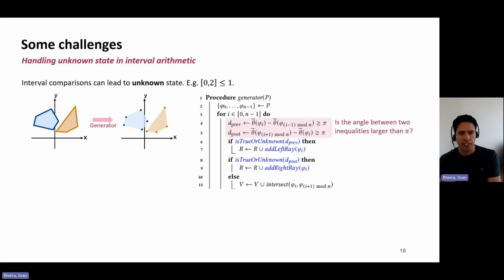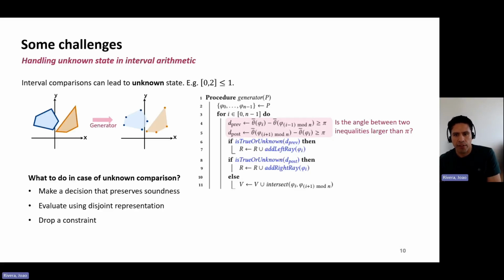When we calculate the generator representation that I mentioned earlier, there is one place in the algorithms where we compare the angles of two inequalities and check if the difference between them is larger than pi. If it is, then we decide whether to add a vertex or a ray to the generator representation. If this comparison yields an unknown state, we have to make a decision.